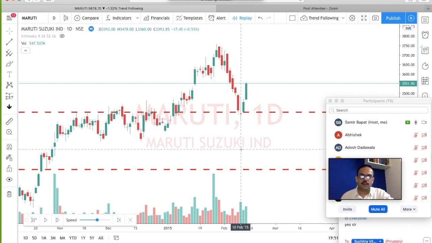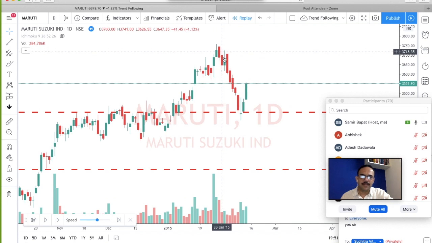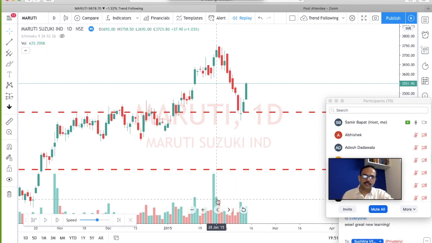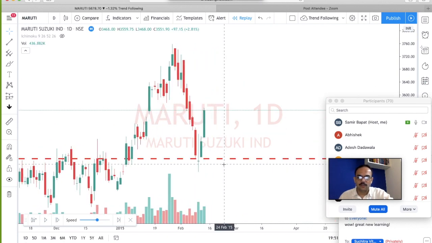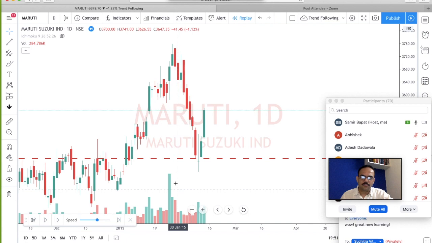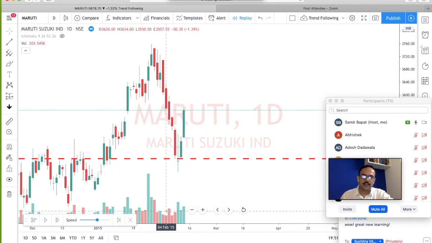Now here again, volume. You see this volume when it was going up, these were the volume candles, and when it was coming down, see this first red candle here, this was higher. As it started coming down, the volumes started lowering, right?